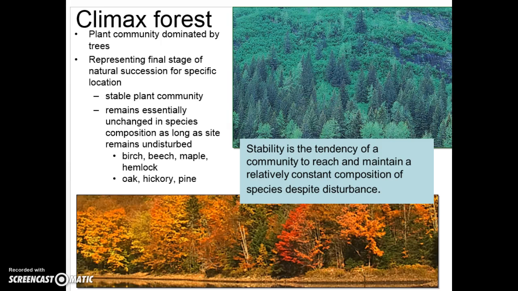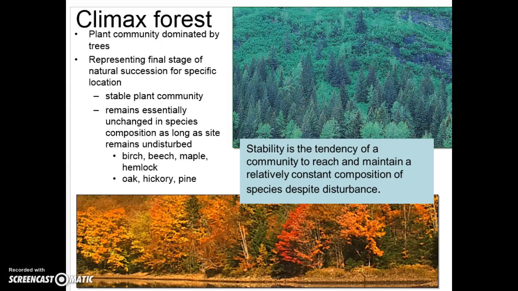And it's going to be characterized by having a stable plant community, and the species composition will reach this balance point so that it stays in a relatively stable abundance and diversity stage. And then again, stability is defined as the tendency of a community to reach and maintain a relatively constant composition of species despite the disturbance.